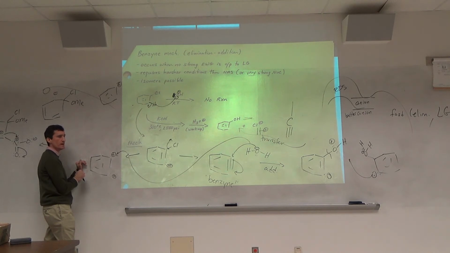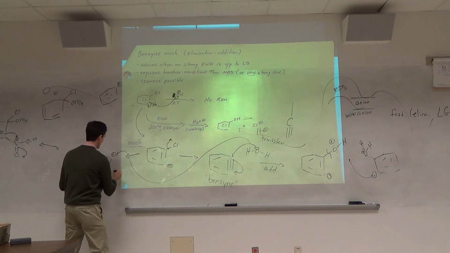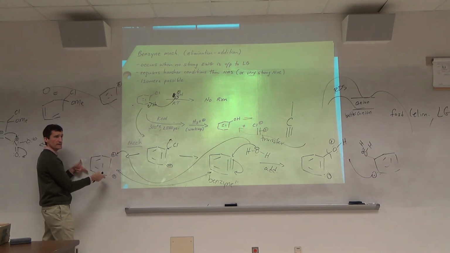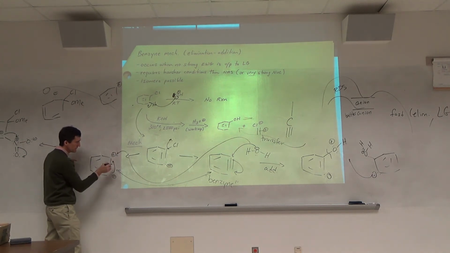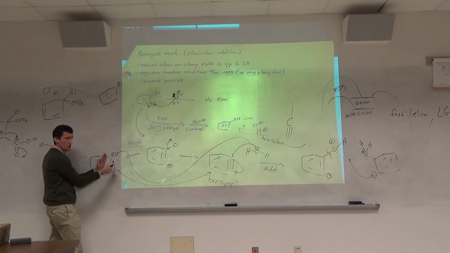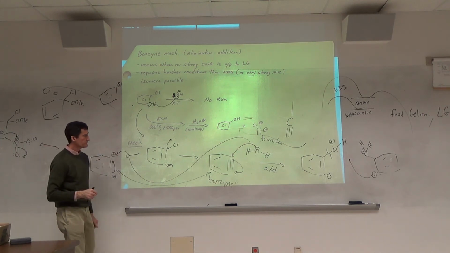I just don't want to take the time to get into the structure here. It's a good question. This is not a resonance structure of that, but it is a resonance structure of this. This is essentially a resonance structure of your benzyne, where to show the benzyne, you would just move the electrons in and show the triple bond. But see, there's not good overlap here because of the strain. So that illustrates the positive charge.